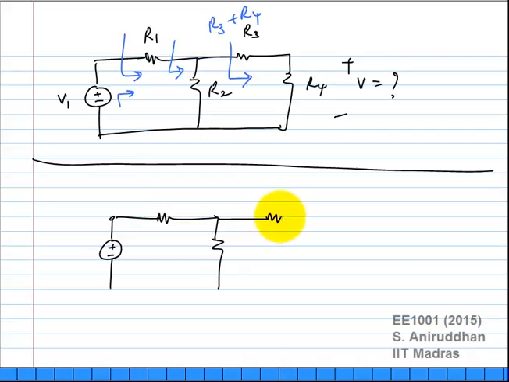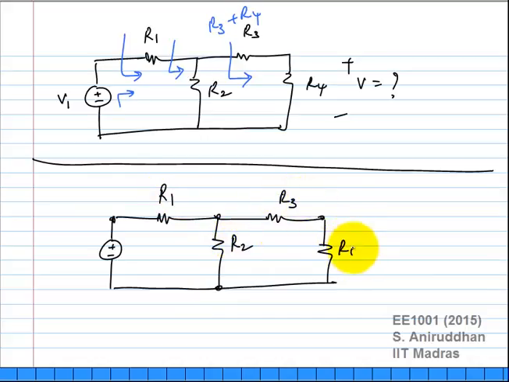Let us take only this example, why not? We'll take the same one, R1, R3, R4, V1, right? So how do you find out?